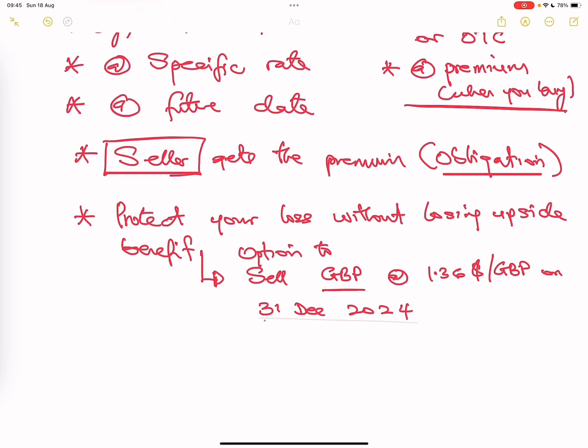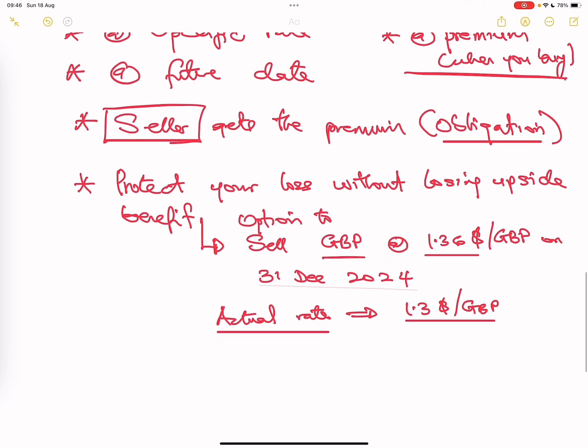If 31st of December 2024 comes now, and let's say the actual rate now becomes $1.3 per GBP. Your contract says I will sell 1 GBP to you at 1.36. If the actual rate in December now becomes 1 GBP is 1.3, you will be excited because you will not sell at this rate. So this contract is fantastic.